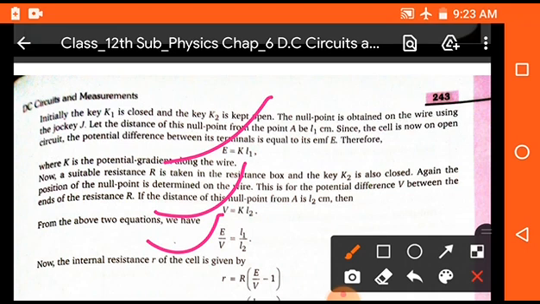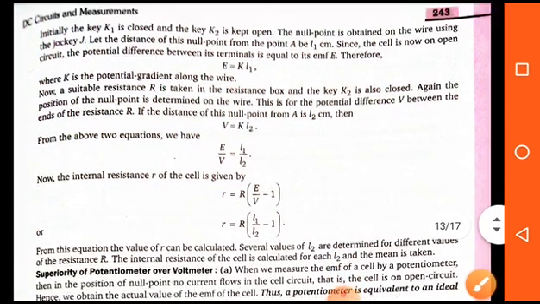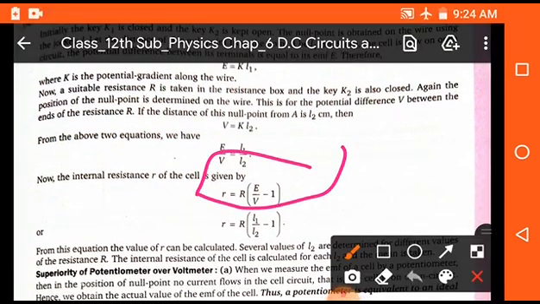So by these two formulas, we get E upon V is equal to L1 upon L2. Now by putting in the value, we get small r is equal to capital R times (E upon V minus 1), and we know that E upon V is L1 upon L2. So this is the required formula: small r is equal to capital R times (L1 upon L2 minus 1), by which we can easily find the value of small r for any cell.